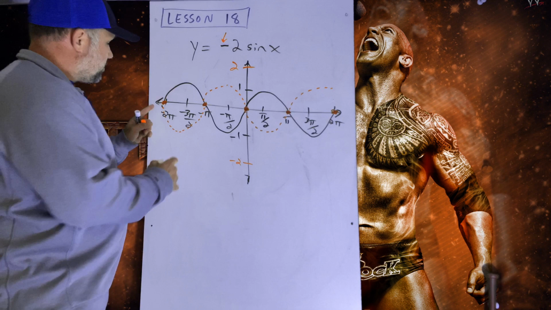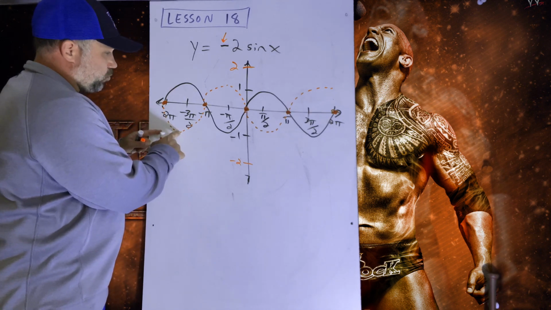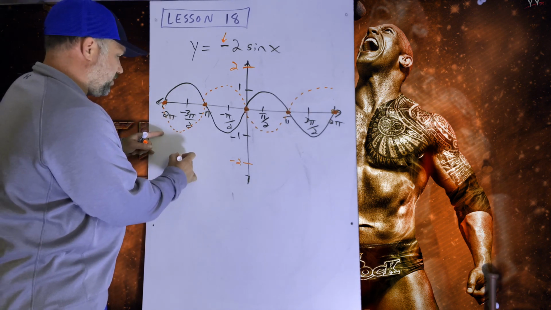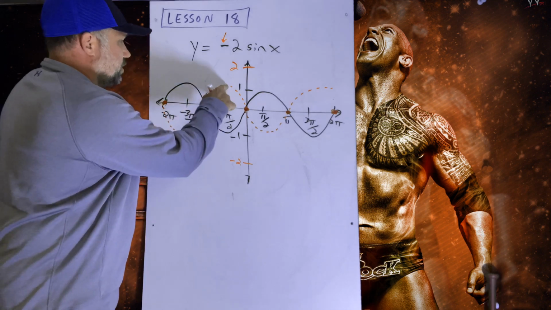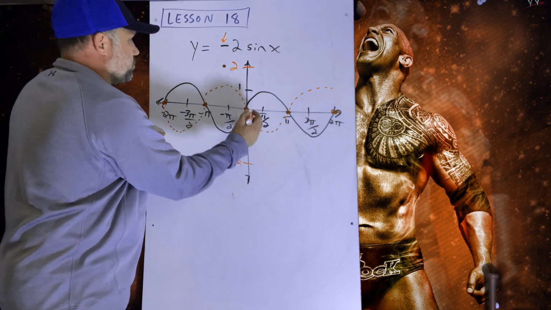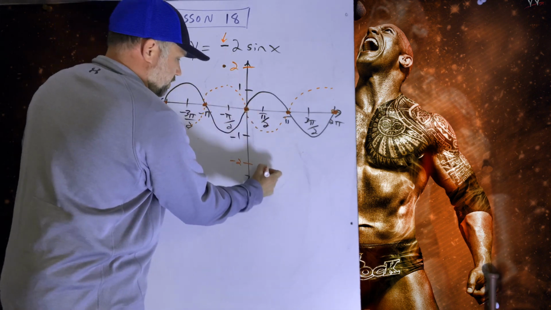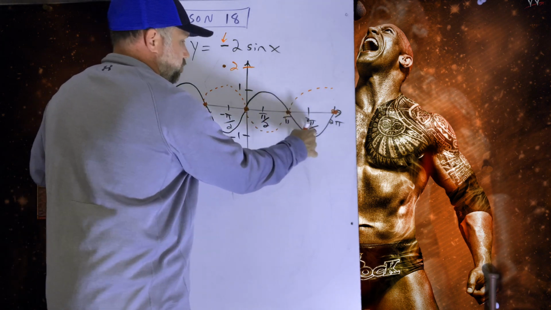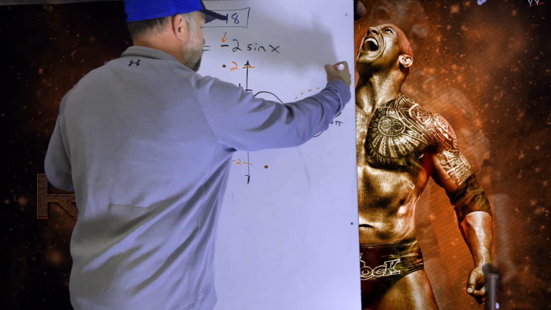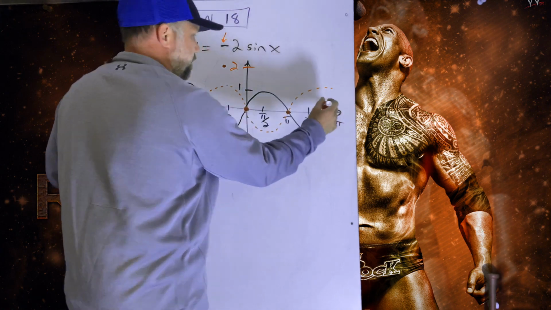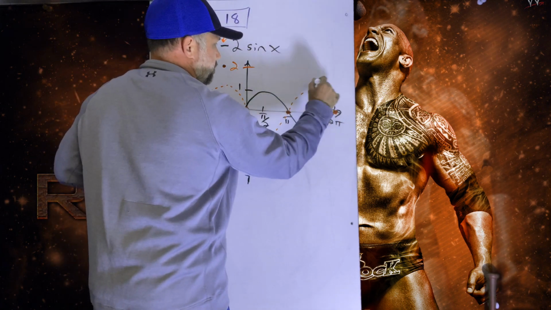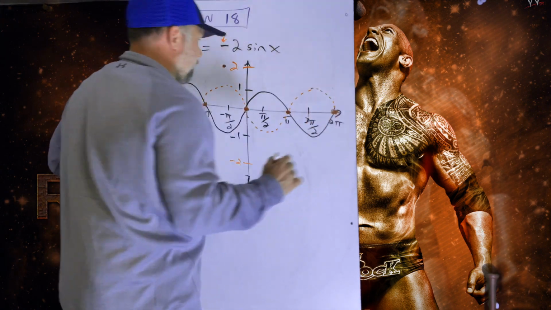So I now need to just take these points right here, that now is at -1, stretch it down here to -2, stretch this one up to +2, stretch this one down to -2, stretch this one right here up to +2. Ooh, my graph's a little off here, sorry. This should be like that, sorry about that.